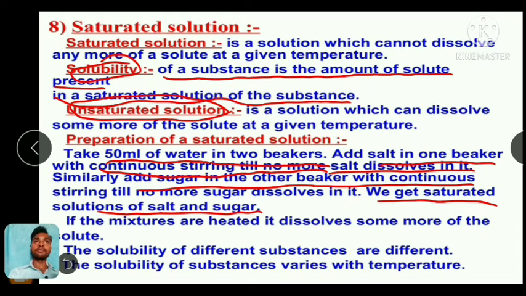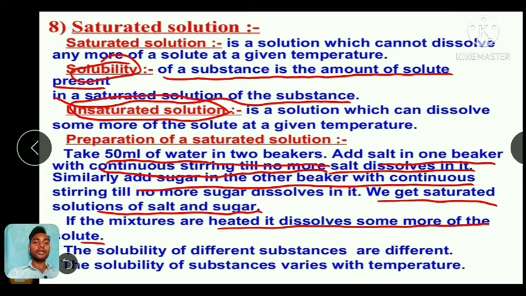When it stops dissolving, you will get a clear, uniform mixture, that is called saturated. If the mixture is heated, it will dissolve some more of the solute. So when you start heating and you add some more amount of the solute, you will find that it will start dissolving.